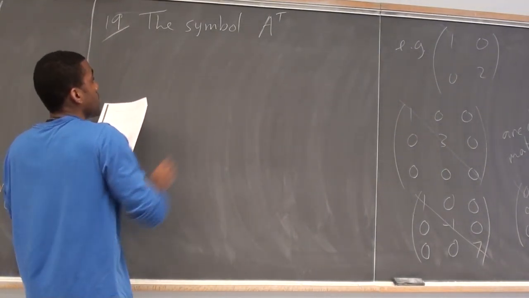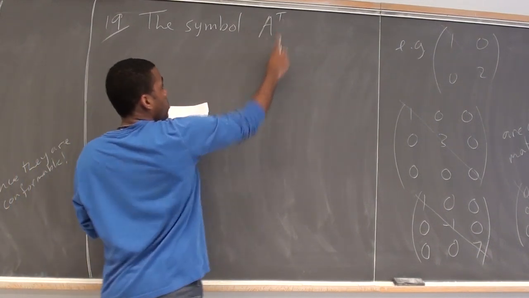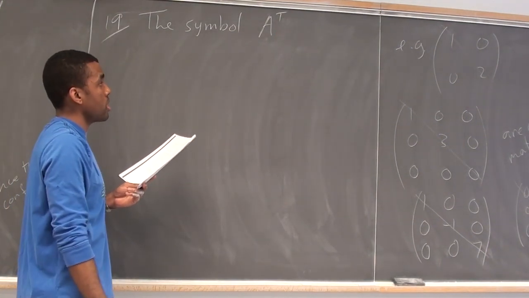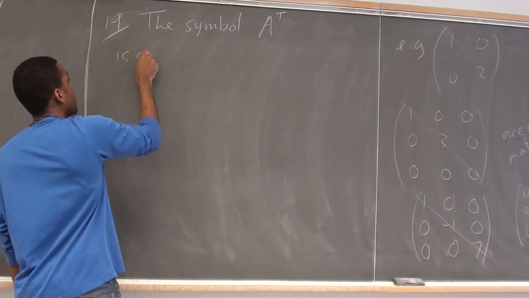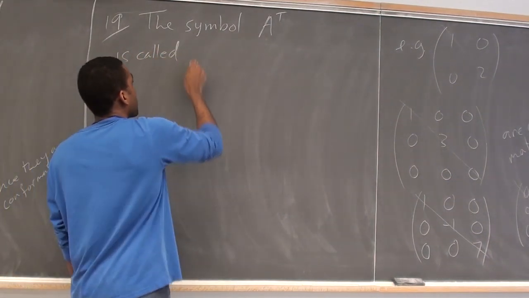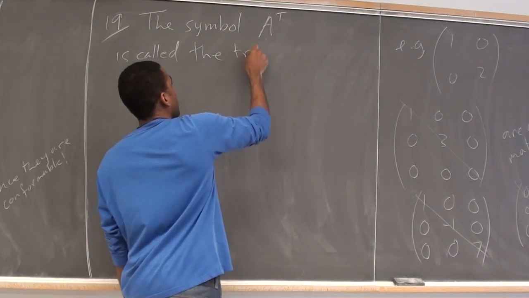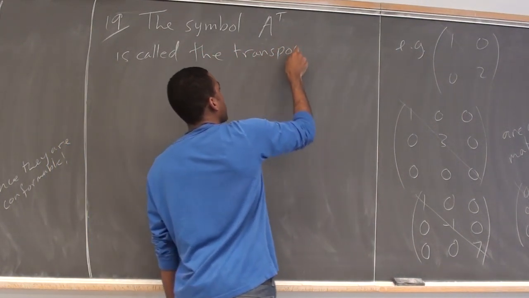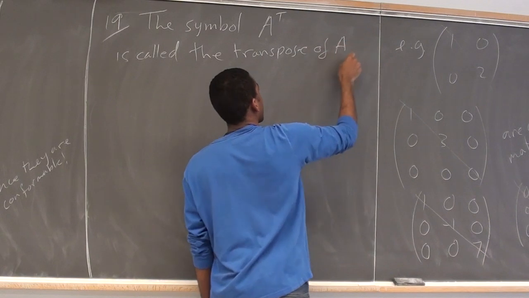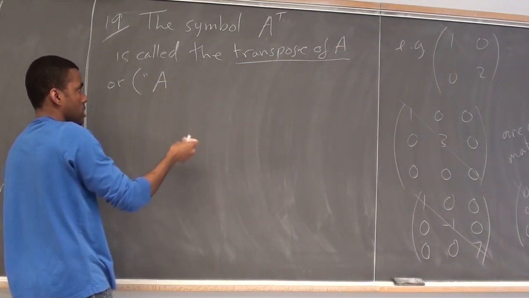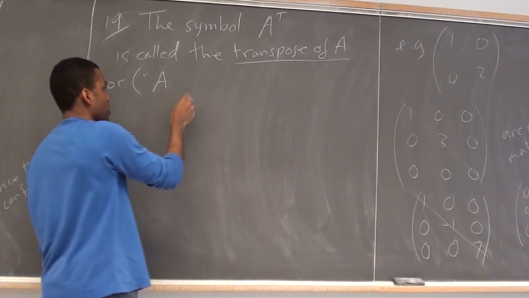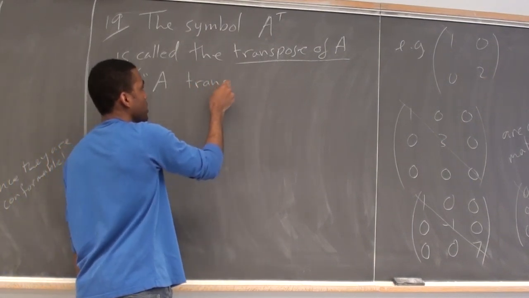If I write A with an uppercase T at the top, the symbol A^T is called the transpose of A. In spoken language, they'll say A transpose.